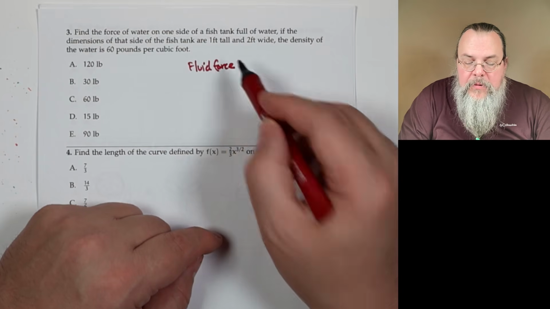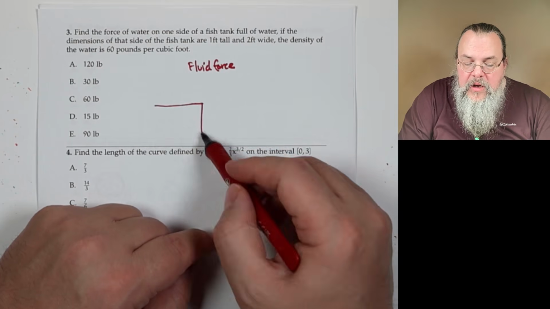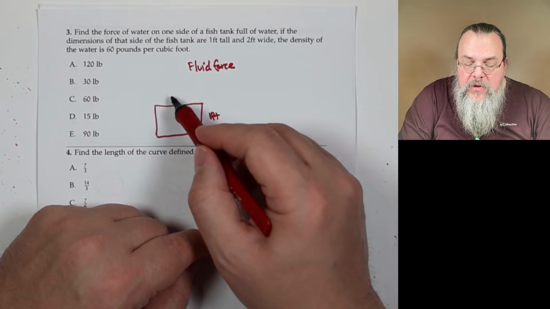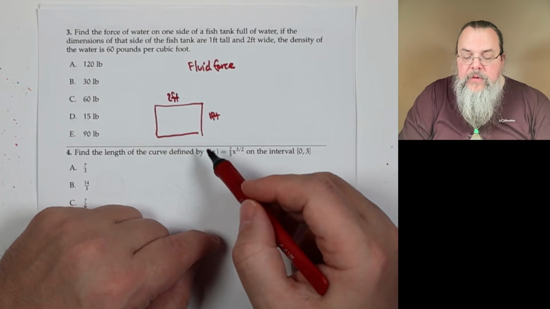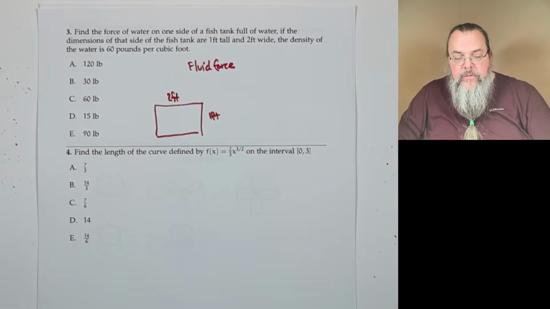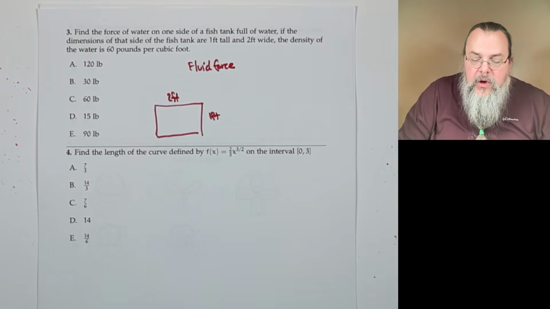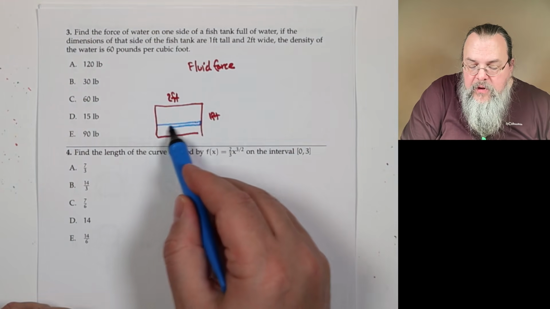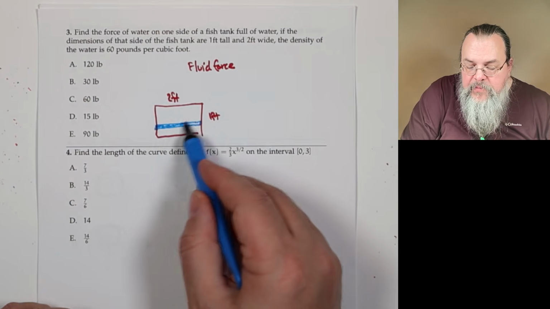Now the idea is the following. So here we have our 1 foot tall, 2 foot wide fish tank. And what we're going to do is add up the force as we go up and down. So we have a small cross section.